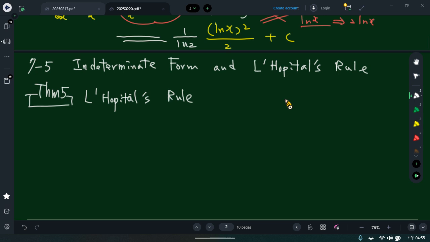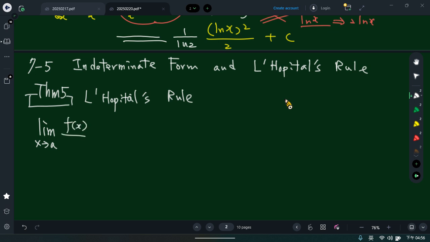Let me just show you that in the past, especially when we just studied the concept of limit, we tried to get the limit as x is approaching a of f of x over g of x, right? At that time, we just simply put a into the function f and also g.